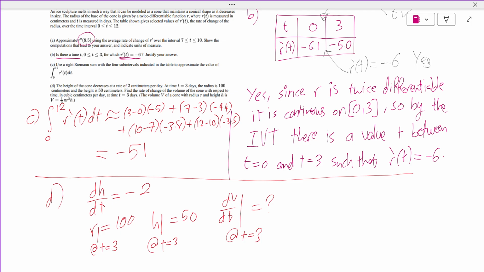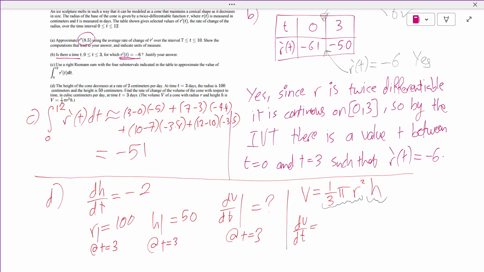So, how do we do so? We are given the formula of the volume, which is 1 over 3 pi r squared h. Notice that r and h are both functions of time, so we have first, we have second. To differentiate, to get dv over dt, you must use the product rule.